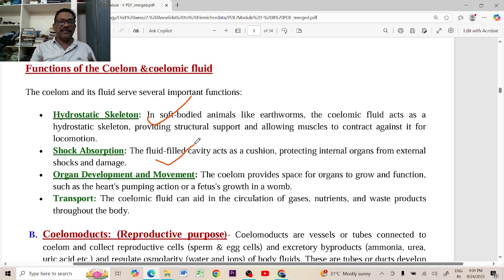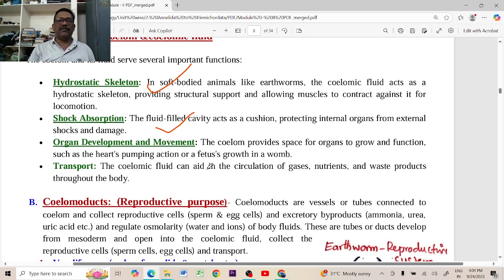It acts as a shock absorber, because we may fall many times, but nothing happens to the heart, kidneys, or other important organs, because the coelomic fluid protects them. That is shock absorption, and also organ development and movement.